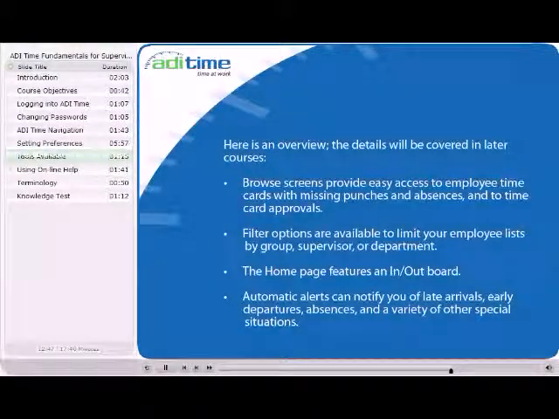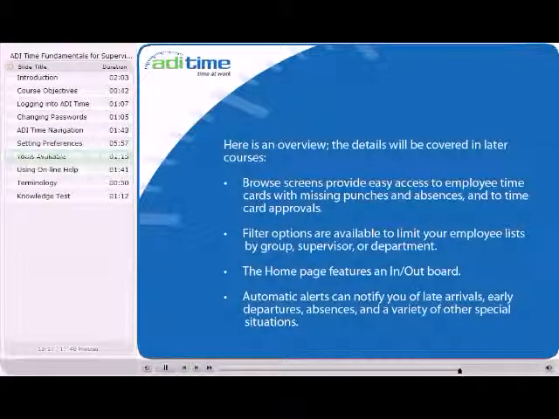As new users of ADI Time, you will find a variety of tools to help you. Here is an overview. The details will be covered in later courses. Browse screens provide easy access to employee time cards with missing punches and absences, and to time card approvals. Filter options are available to limit your employee lists by group, supervisor, or department.